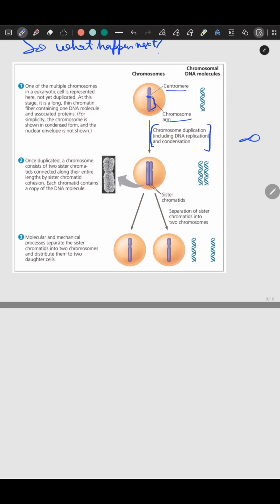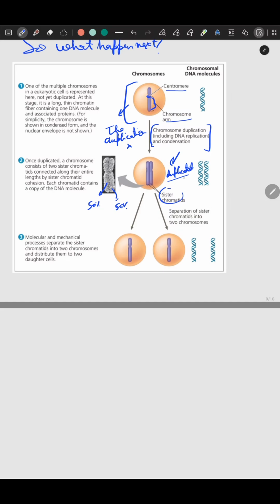I told you earlier, doubling of DNA. Condensation is thick coiling. Here the duplication doesn't begin yet. Here it is duplicated. Now we can see 50% here, 50% here, sister chromatids.